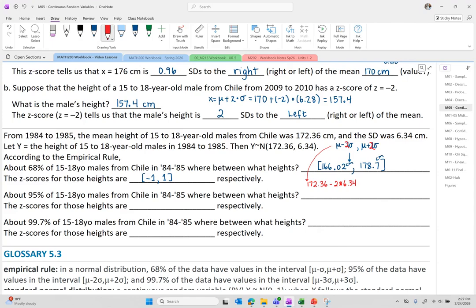The upper bound will be 172.36, that's the mean, plus 2 times 6.34. So these values are 159.68 centimeters and 185.04 centimeters.